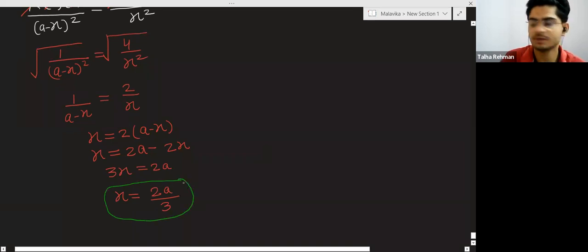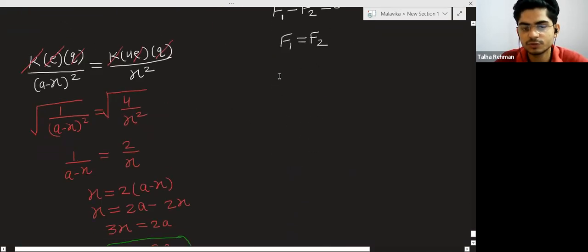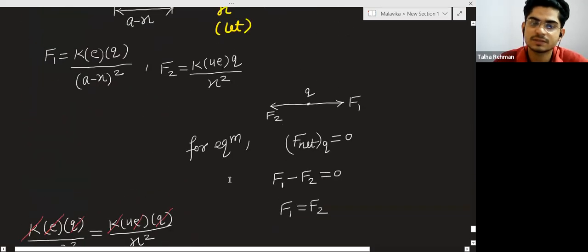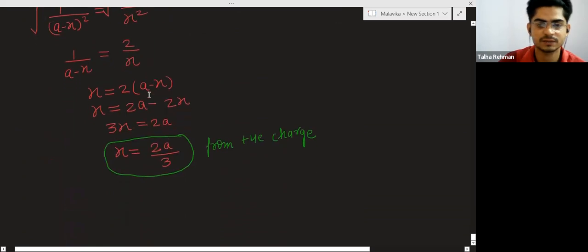One more thing is important here. We have taken x from this charge, so you can say x equals 2a by 3 from the plus 4e charge. If I want to calculate the distance of this charge q from the other charge, what would I do? I will subtract a minus x.